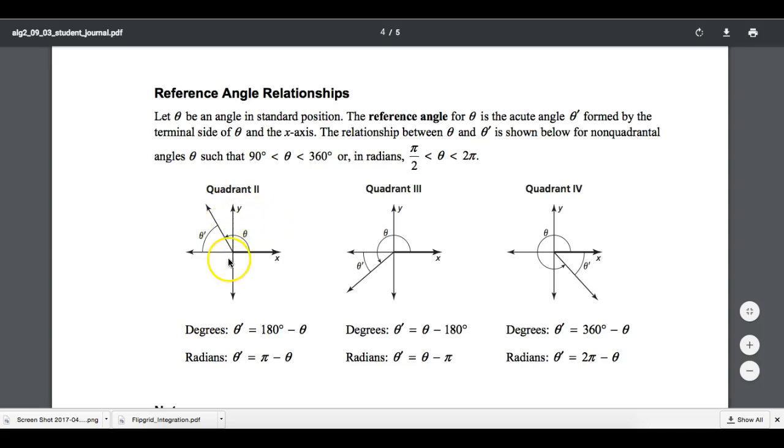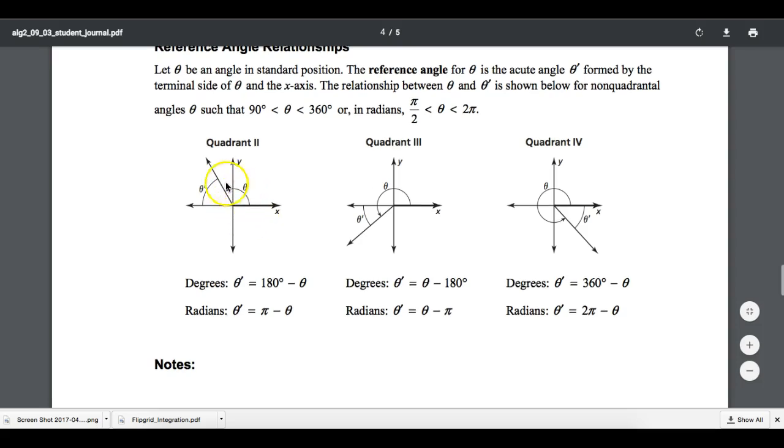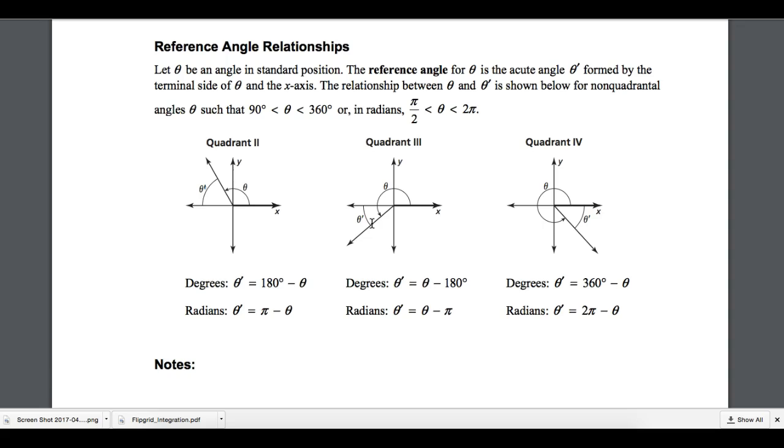Let's say we've got an angle right here. It's over 90, it looks like it's about 110 or so. Here's theta, and the reference angle is just this distance from our terminal side to the x-axis. Here's another example, an angle greater than 180, so its terminal side is in quadrant 3. Since this one's in quadrant 3, the reference angle is the distance between the terminal side and the negative x-axis.